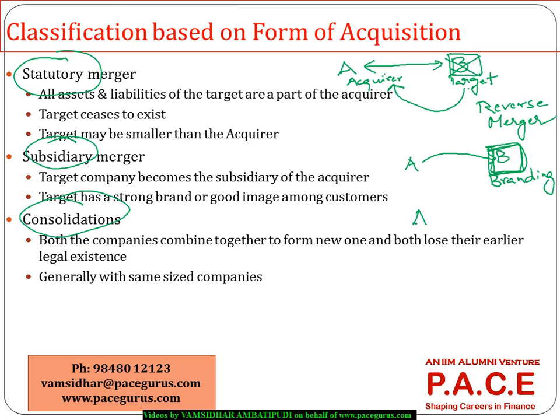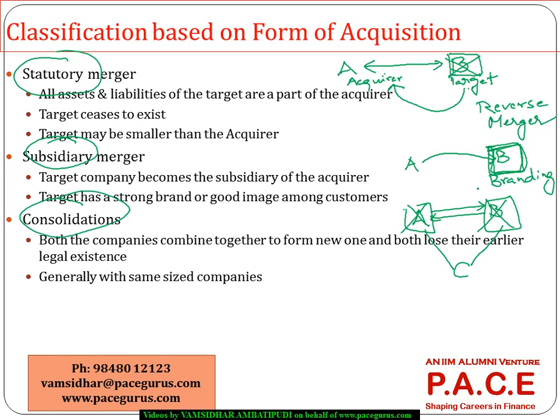Whereas in case of consolidation between A and B, both of them will not exist. Both of them combine together to form another legal entity called C, and that C would exist and not A and B anymore.